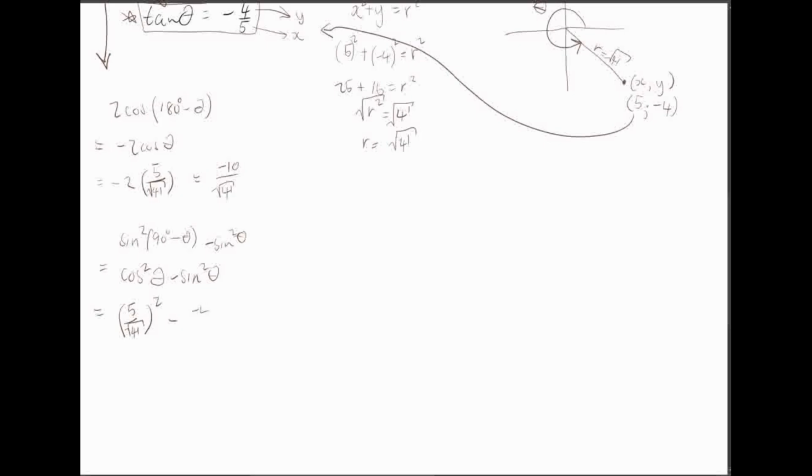Y was negative 4, and r was still square root of 41, and this needs to be squared. 5 squared is 25. Square root of 41 squared is going to give you the 41. Minus 4 squared is going to give you a 16, and that's also going to give you a 41. This is going to go into our calculator. So that is going to be 9 divided by 41, and we will leave our answer like that.